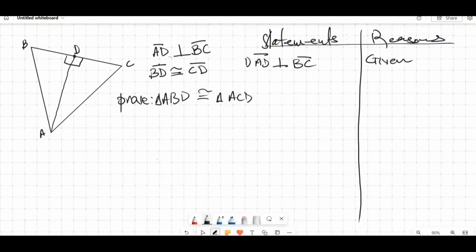From that, I could pick out the fact that angle ADE is congruent to angle ADC. We would have picked that up from the two ideas, and this would have come by the definition of perpendicular lines.